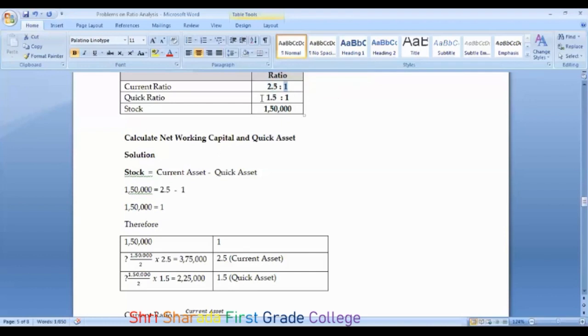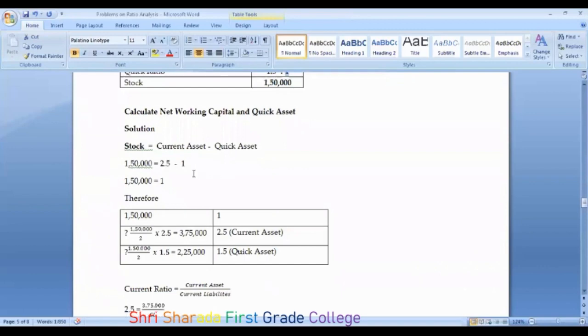Clear? And here quick ratio takes the value 1.5 for the quick assets and 1 for the current liability. See, 1 and 1 remain the same because it is the current liability. Only with these two. This stands for the current assets and this stands for the quick assets. So stock is equal to current assets minus quick assets. 2.5 minus quick assets is 1. So by that you can find out 1,50,000 is equal to 1.